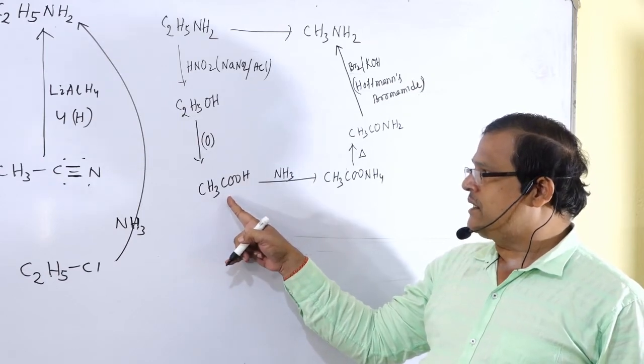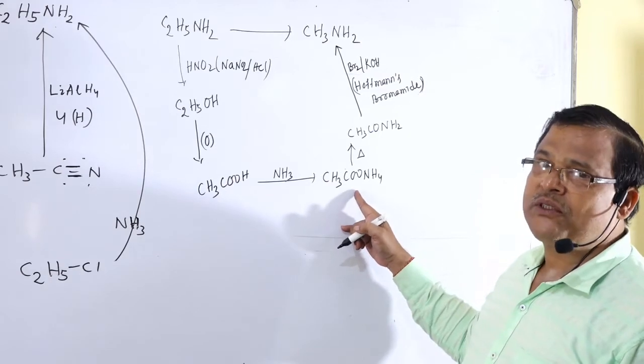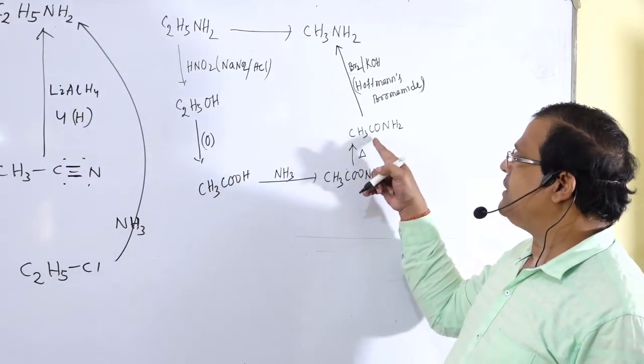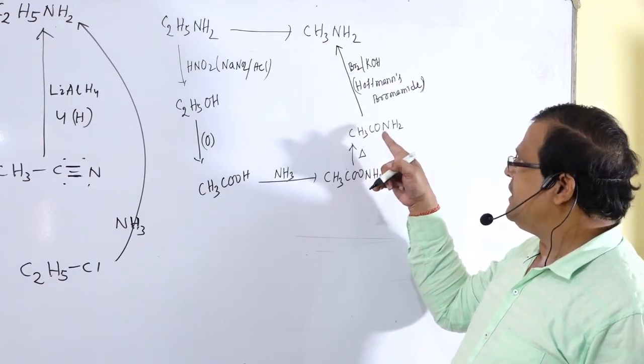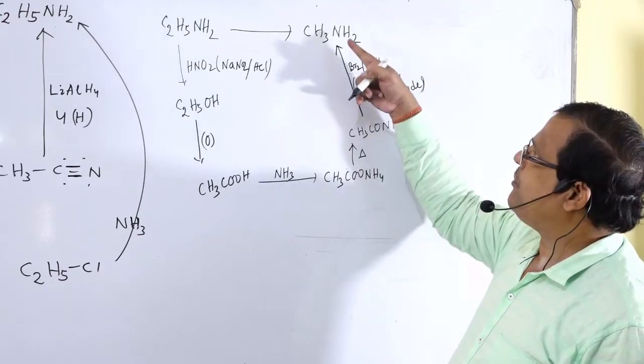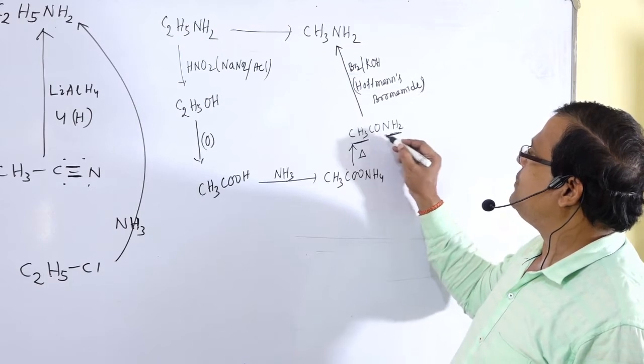This carboxylic acid treated with ammonia forms the ammonium salt of the acid, which on heating forms the acid amide. That acid amide treated with Br2 and KOH forms an amine with one carbon atom less.